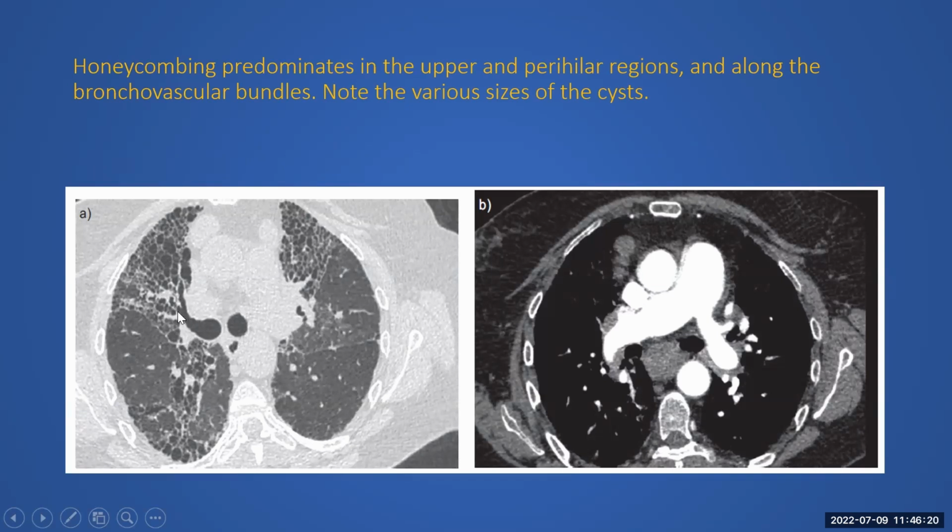There's also distortion of the bronchi here, because the disease has involved the airways at this stage. In the mediastinal window, you can actually see the nodes, which would point you towards sarcoidosis. Of course, the location also, we've said upper zone involvement, and these nodes tell you there's a good chance this is sarcoidosis fibrosis.